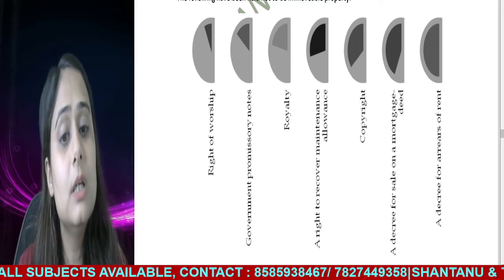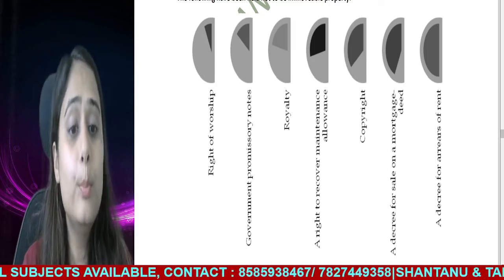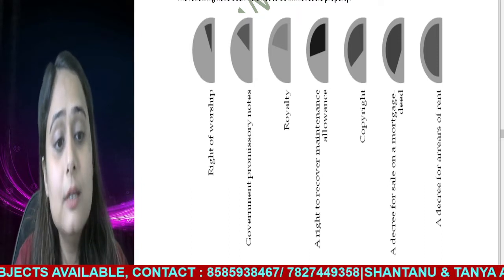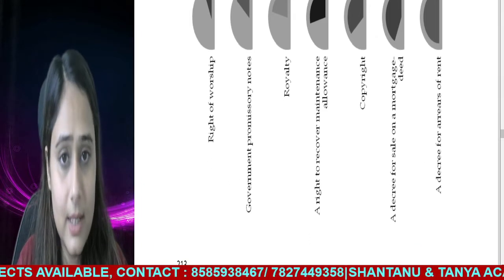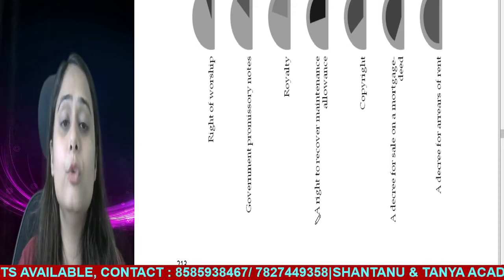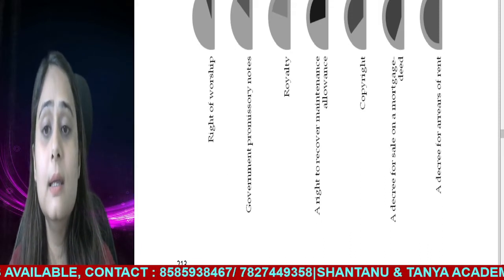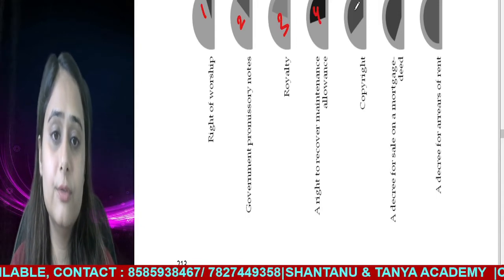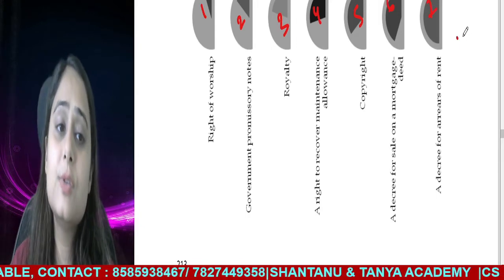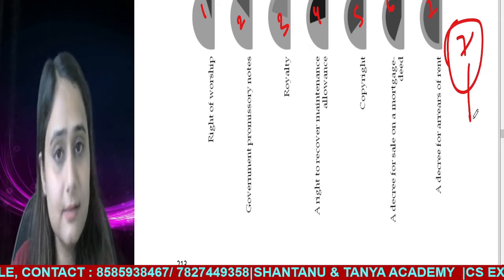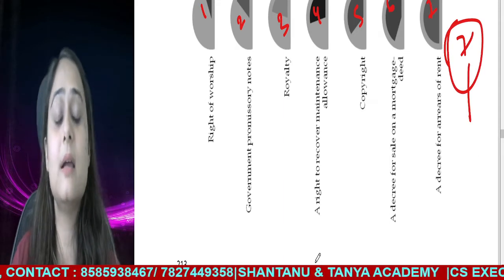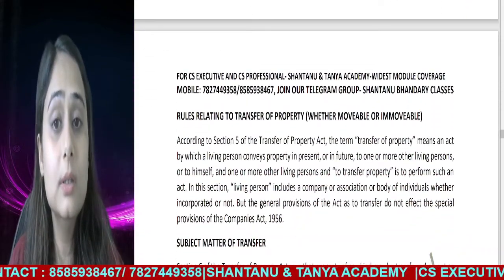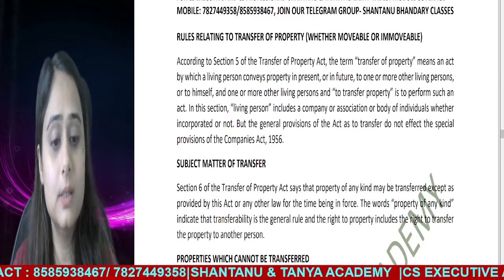Royalty, a right to recover maintenance allowances, copyright, a decree for sale on a mortgage deed, a decree for arrears of rent, right? So all these are not immovable property. So how many are there? This is 1, 2, 3, 4, 5, 6, 7. So 7 things are not recognized as immovable and 12 things are recognized as immovable property, correct? So you need to learn these and they should be on your fingertips.